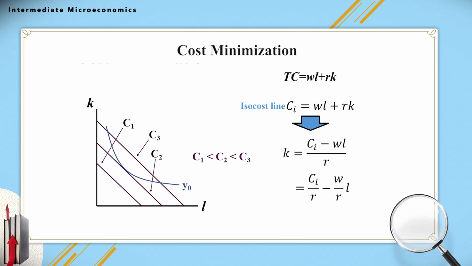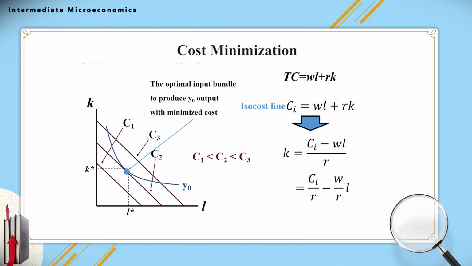The producer's goal is to produce a given quantity of output with the lowest cost. As can be seen from the graph, when the isoquant curve is tangent to the isocost line, the input bundle has the minimum cost to produce Y.